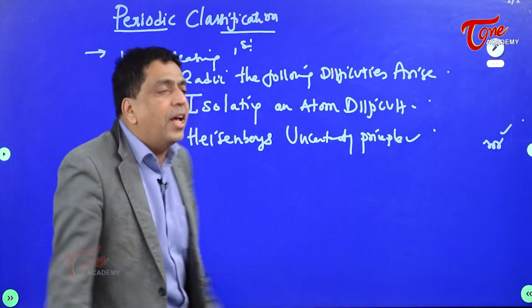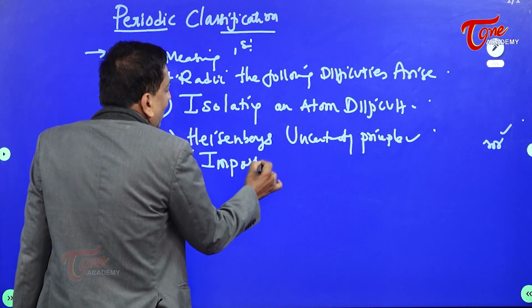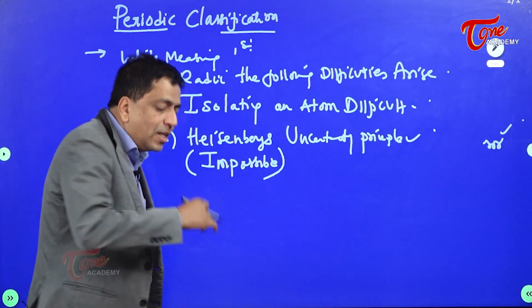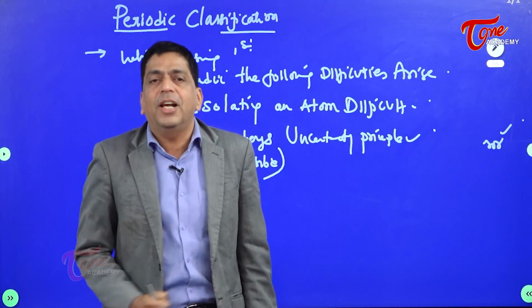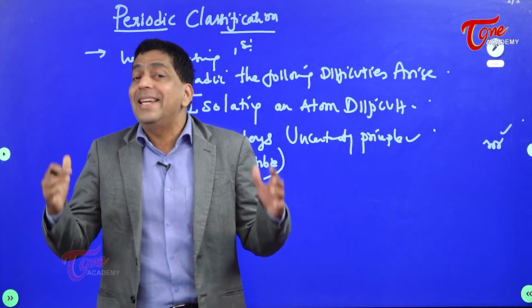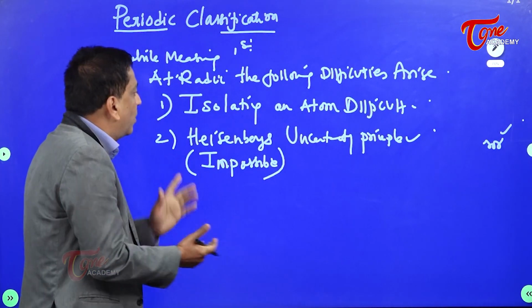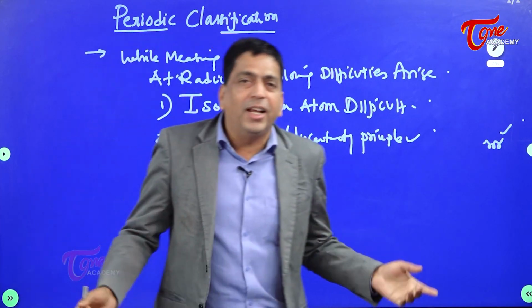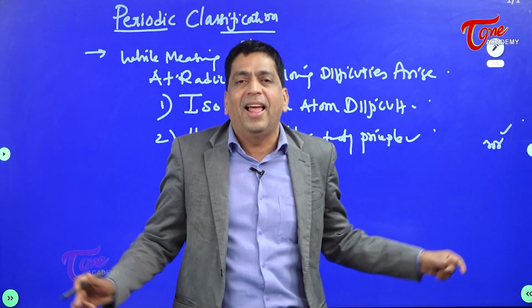Where Heisenberg says it's impossible. It's impossible to determine the position of an electron and the velocity of the electron at the same time. You must understand this. It is impossible. Ridiculous.